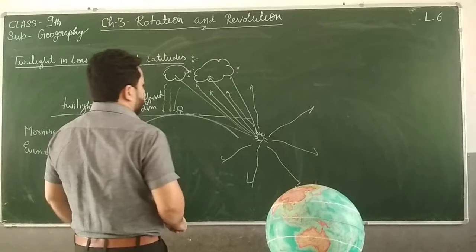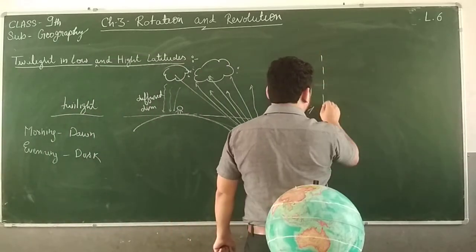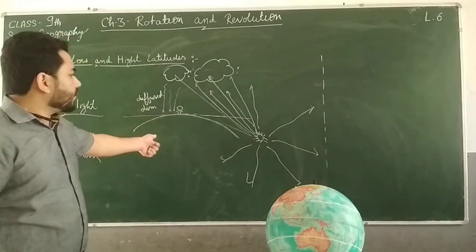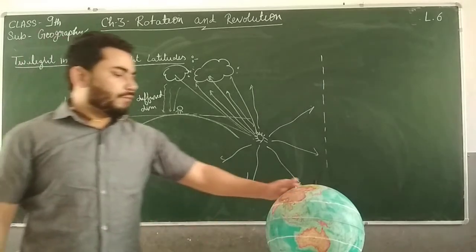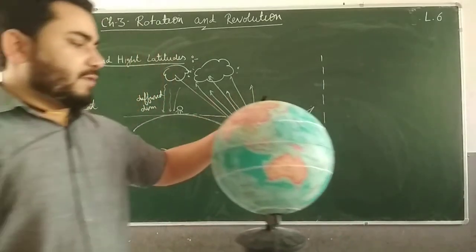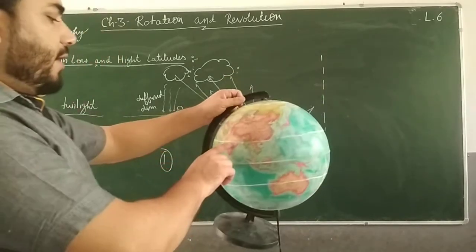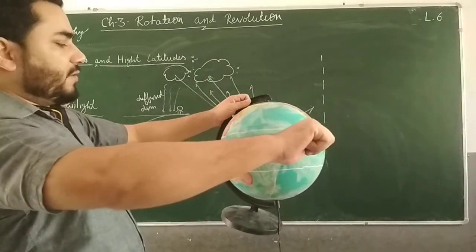So then afterwards, what happened? Afterwards, when the earth keeps rotating, this condition is like this on the earth. Suppose we are living here in India, and India is here, and the sun is here.